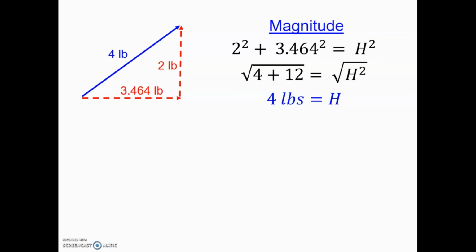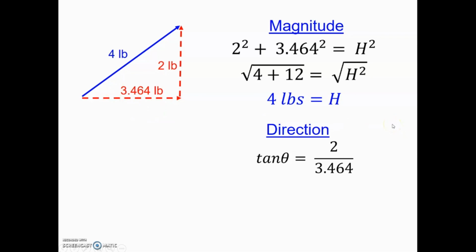So we have our magnitude, we have our sense. Let's try to figure out what our direction is going to be. So again, I have my reference angle that I'm looking for. I'm looking for my adjacent side. I'm looking for my opposite side. So I'm going to use tangent, TOA, opposite over adjacent. So I'm going to say tangent theta equals 2, which is my opposite side, over 3.464, which is my adjacent side.